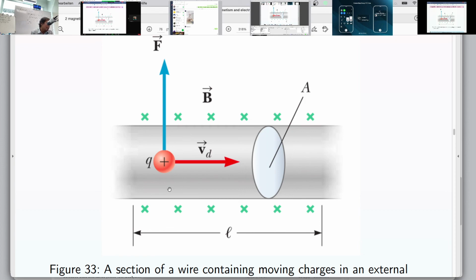Okay, and they assume as well the magnetic field is pointing, with the green dots, no, sorry, the green X symbols here. They just say the magnetic field is pointing into the plane of this lecture note, this paper.